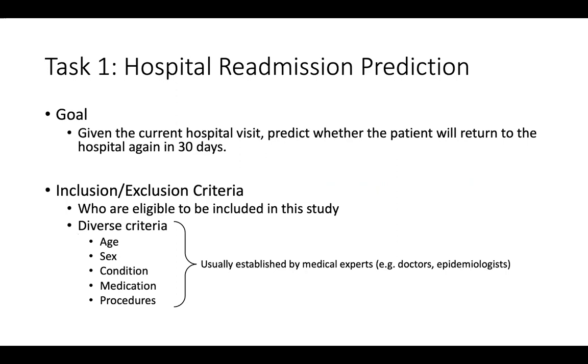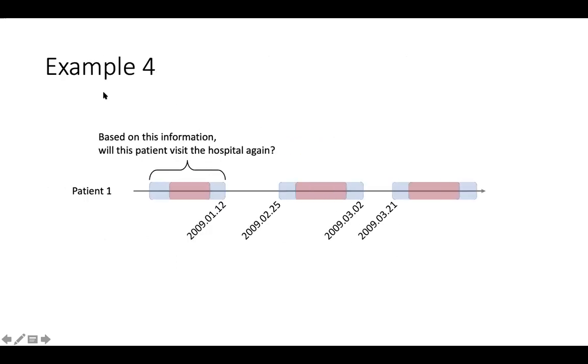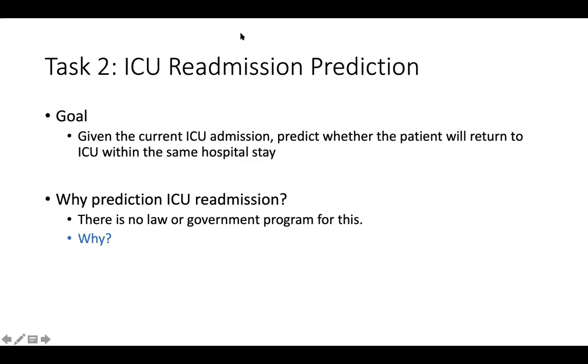The admissions, diagnosis, and procedures were hospital level tables, and the lab events, note events, and ICU stays were ICU level tables. So task 1 is a hospital level thing. Task 2 is an ICU level thing: given the current ICU stay, predict whether the patient will return to the ICU within the same hospital stay. That would be another readmission prediction that we could do.